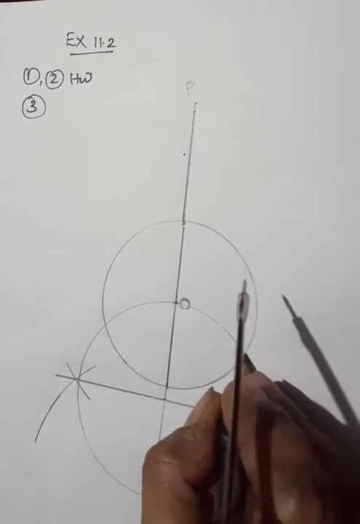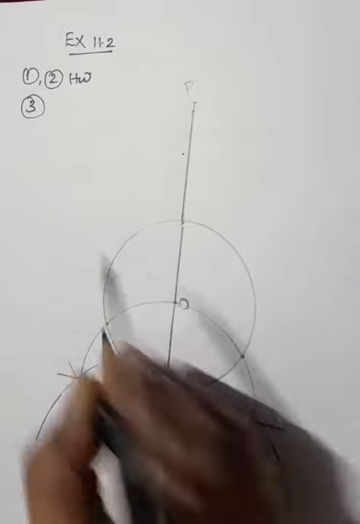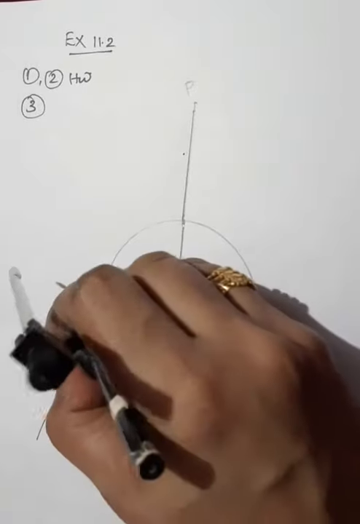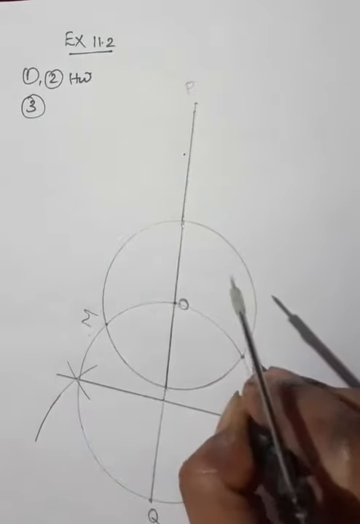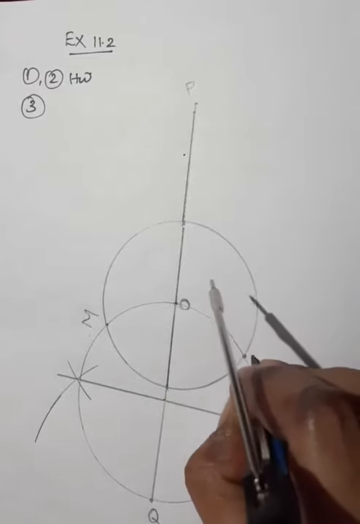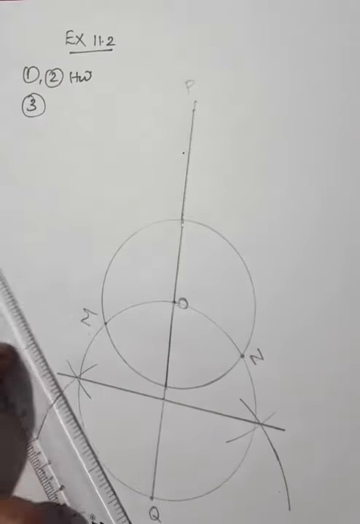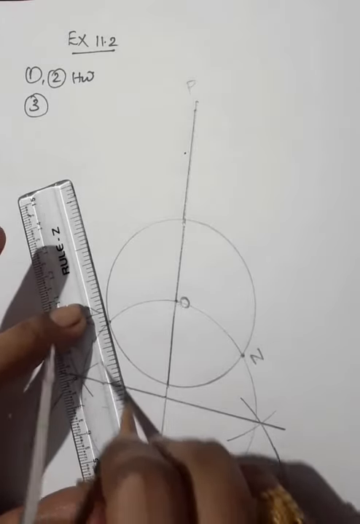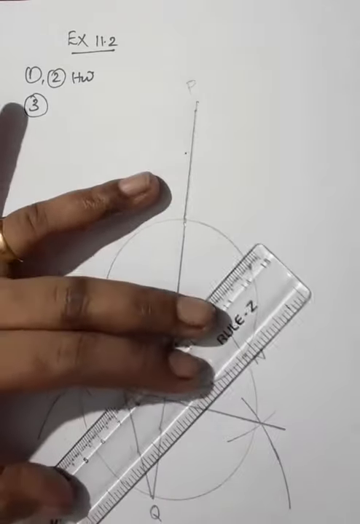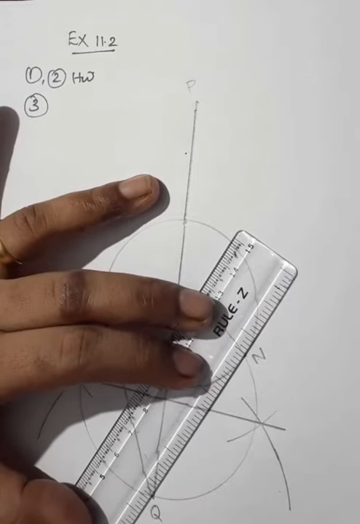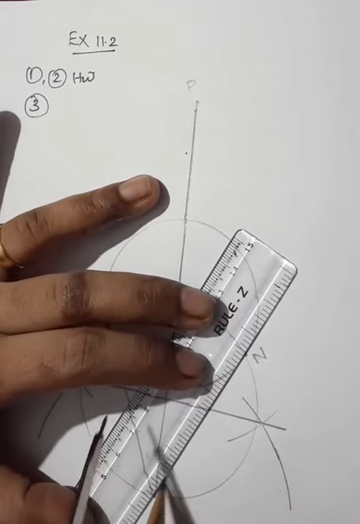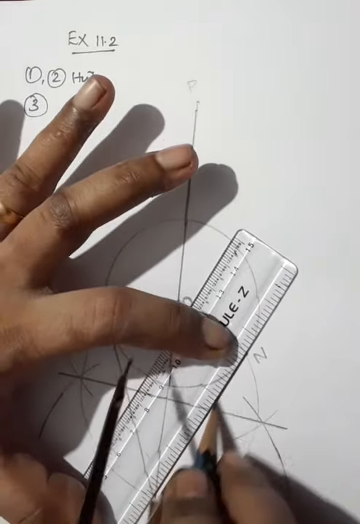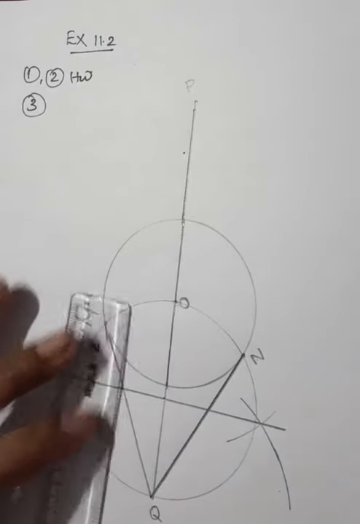These 2 circles, this is one and this is another. Here it is M, here it is N. And join these 2 with the scale and pencil. One here like this. So these are the one pair of required tangents.